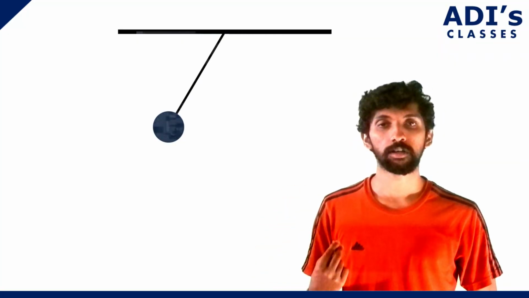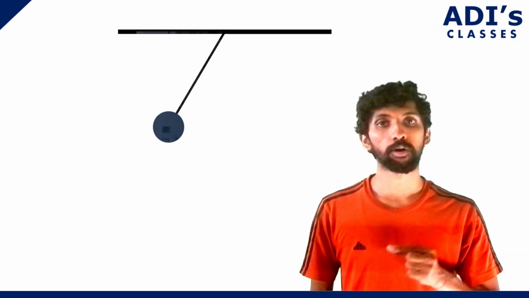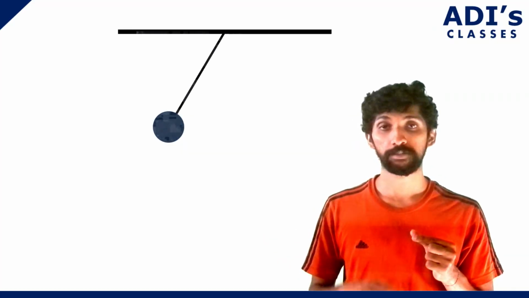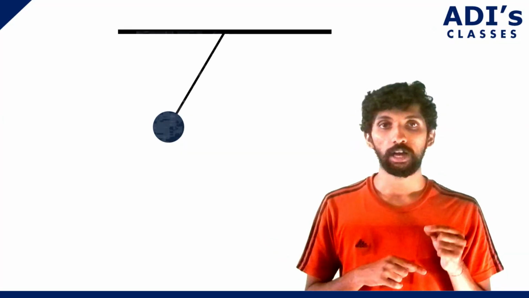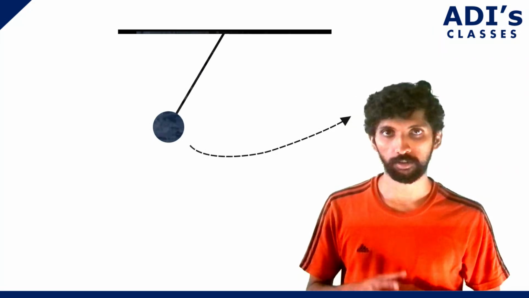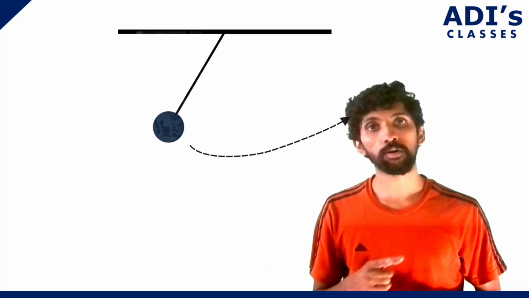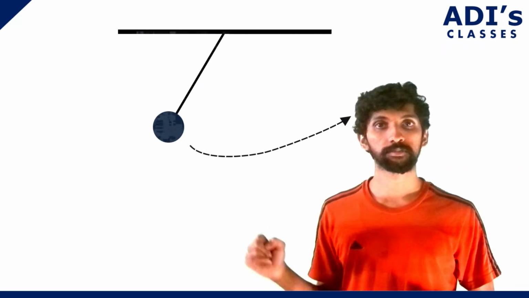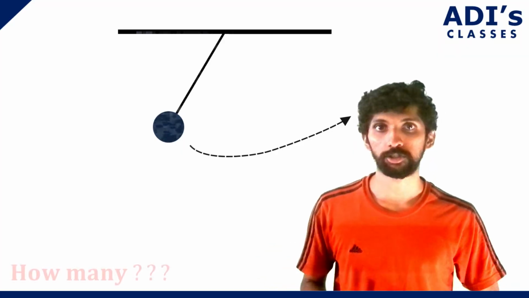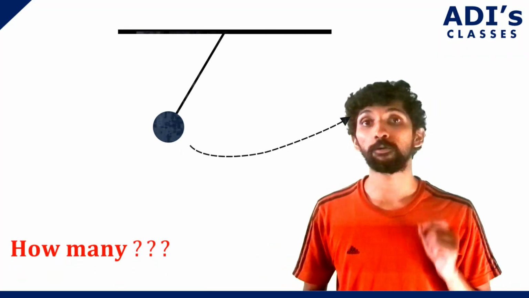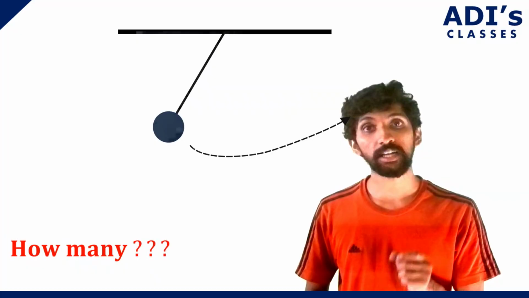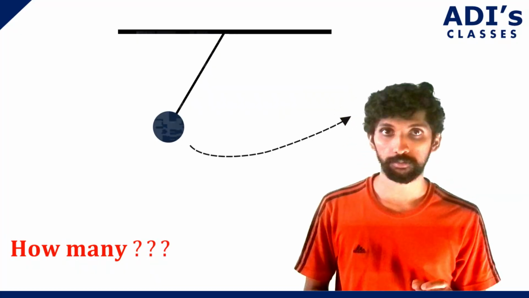Now, you pull the bob to one of the sides, and then leave the bob. Now it moves to one of the sides, the maximum side. Now I'll ask you a question: how many forces are acting on that particular bob?